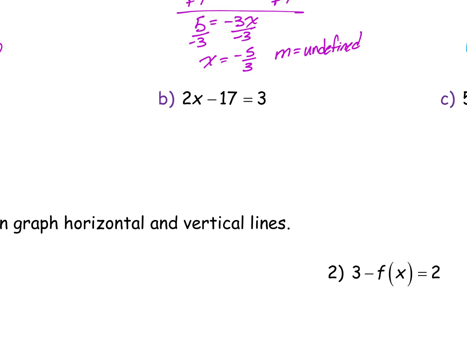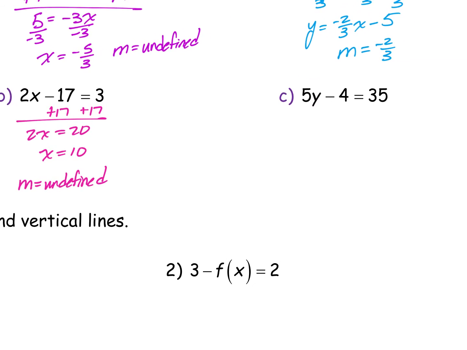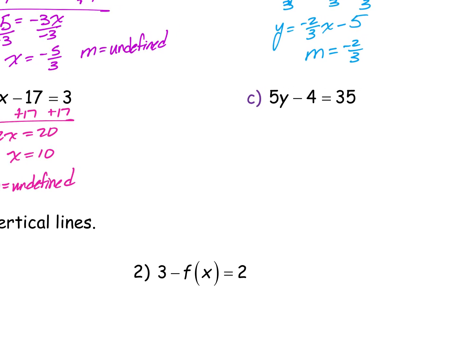Okay, solve for the variable. Add 17. What's my slope? 0. Undefined. Why did he say 0? M equals 0 sometimes. But not on that one.